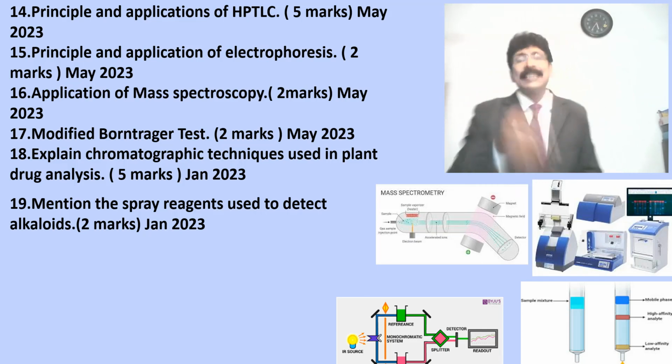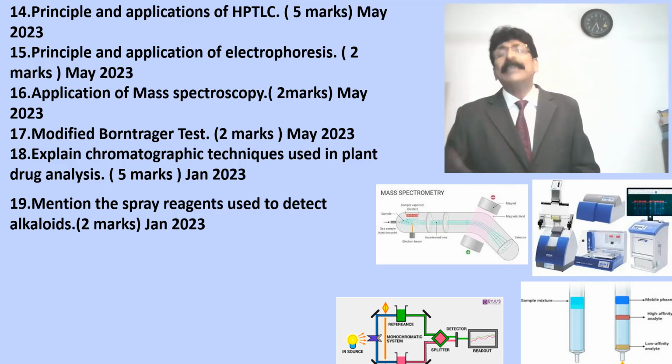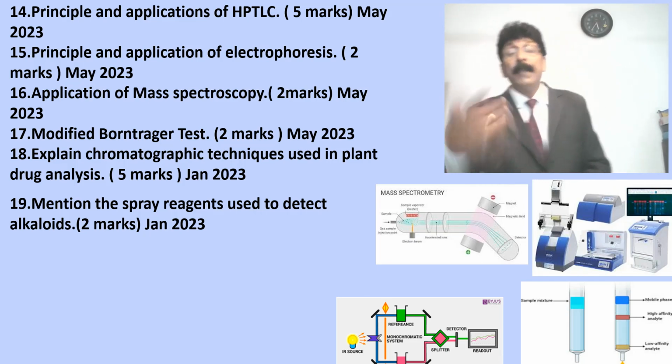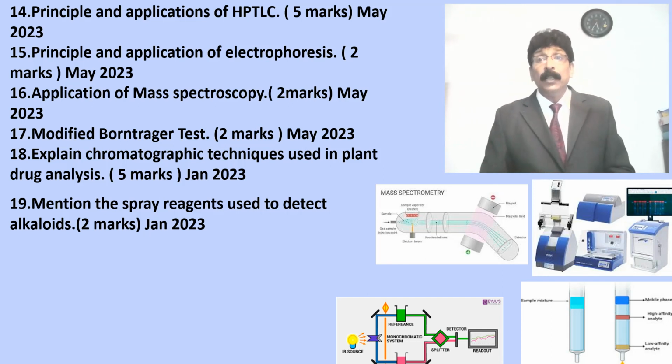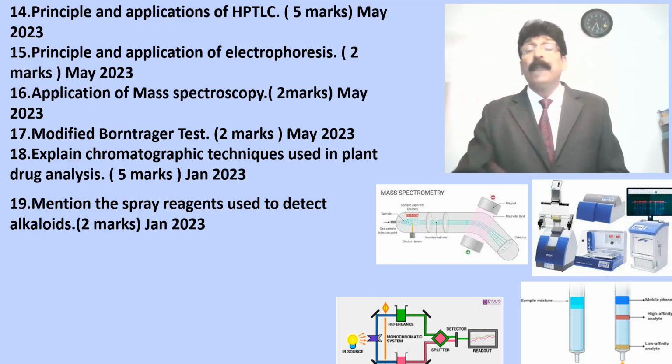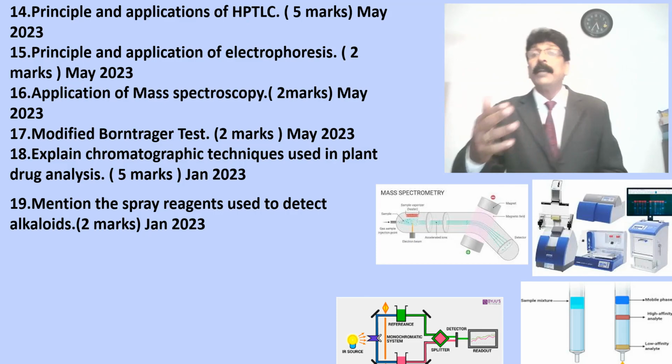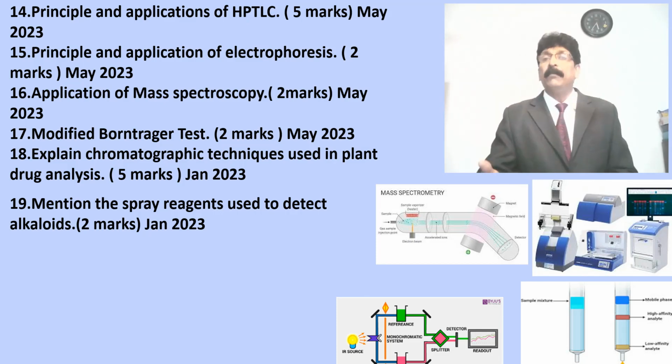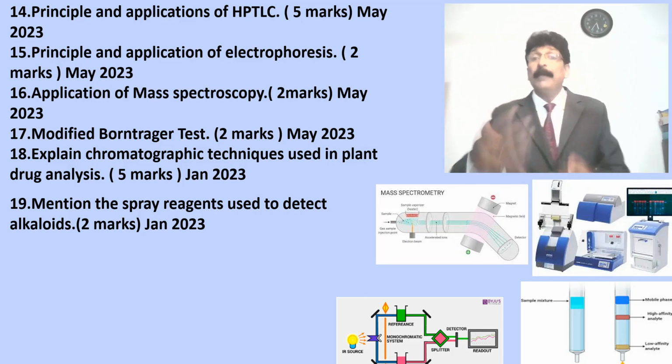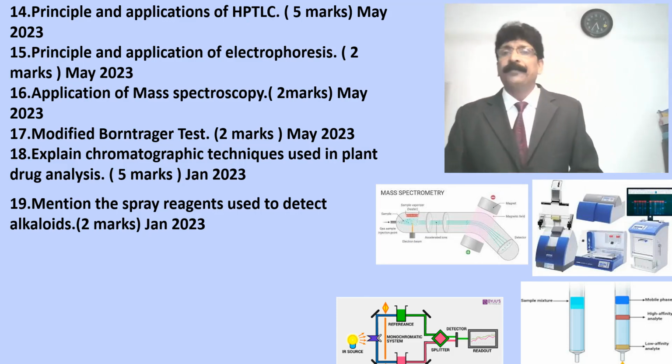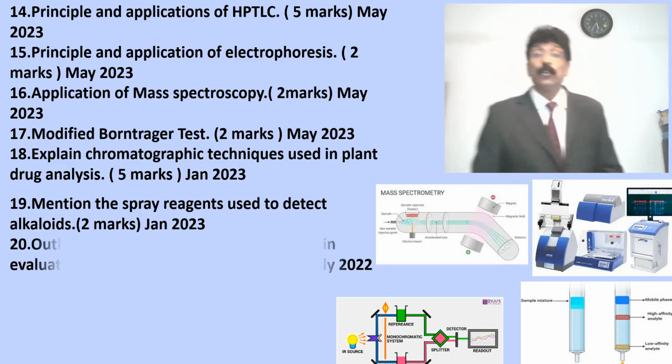They are asking you to mention the spray and its chemical name. You cannot write only Dragendorff; Dragendorff is a scientist's name. So you should write the chemical name, such as potassium bismuth iodide or mercuric potassium iodide, and the chemical name should be mentioned very clearly. That is what they mean, for a 2-mark question.